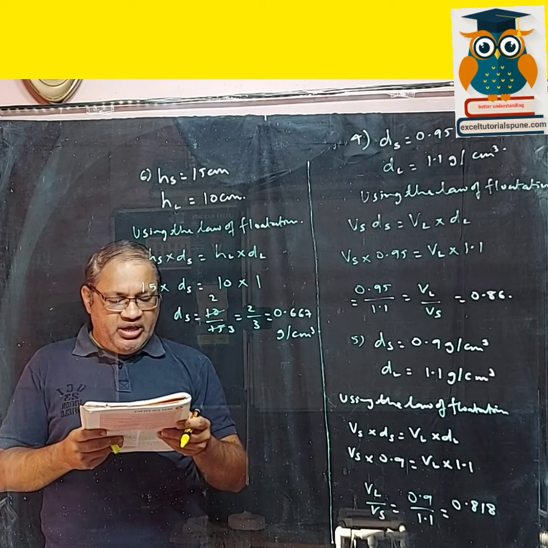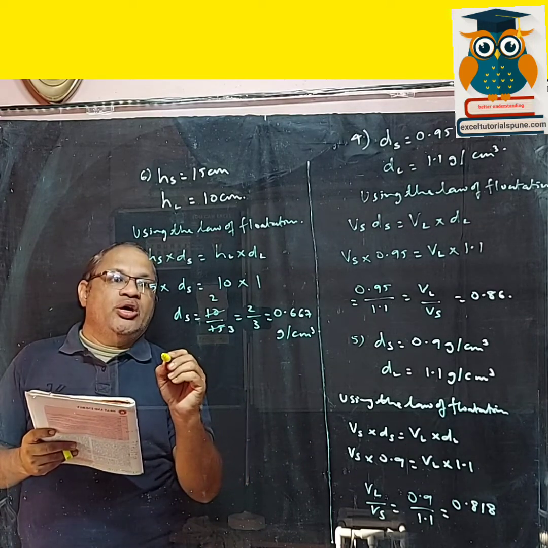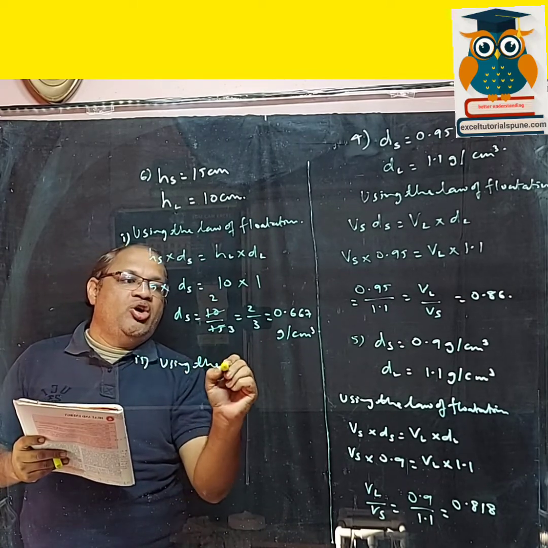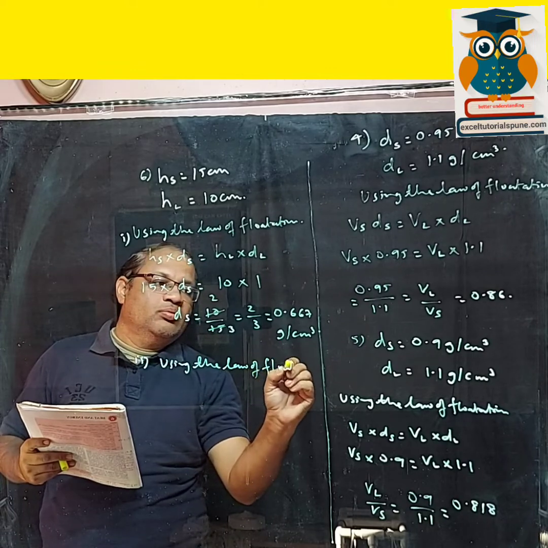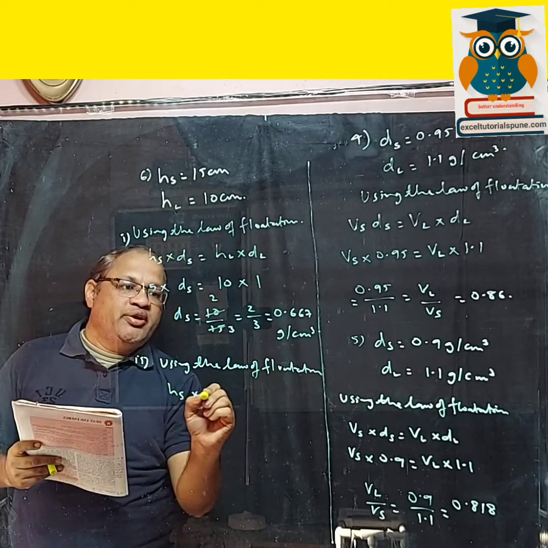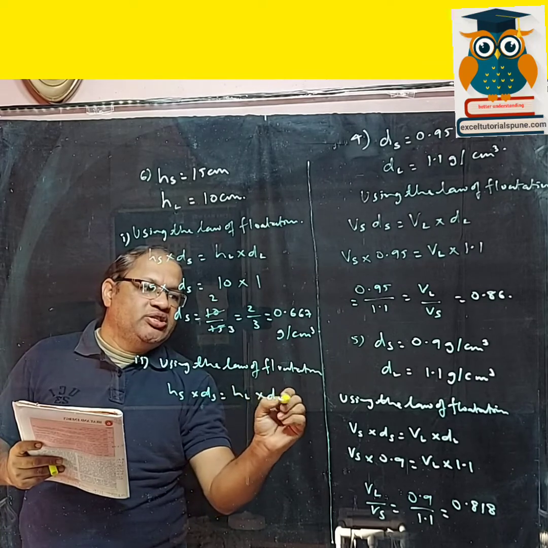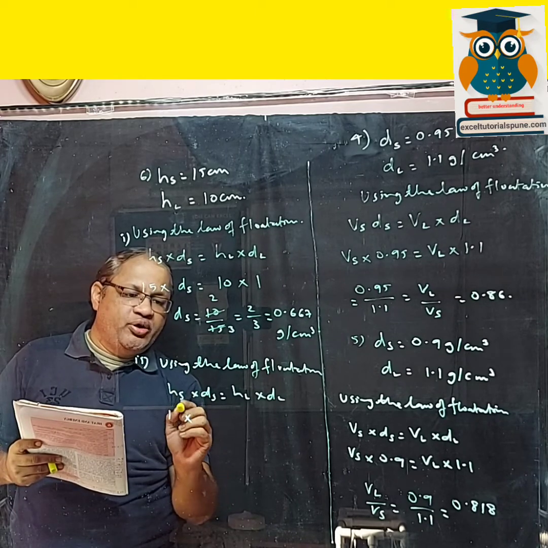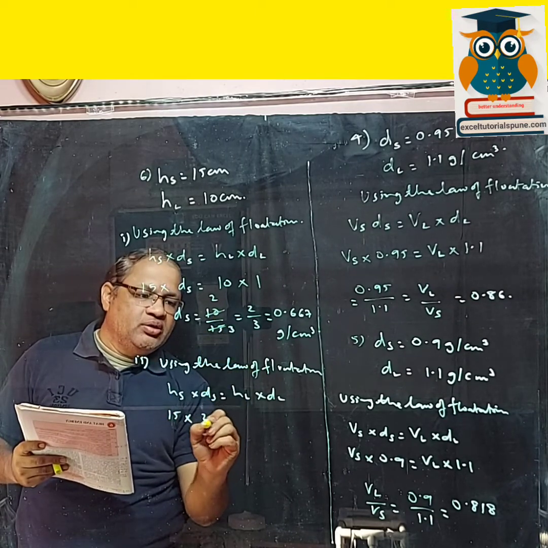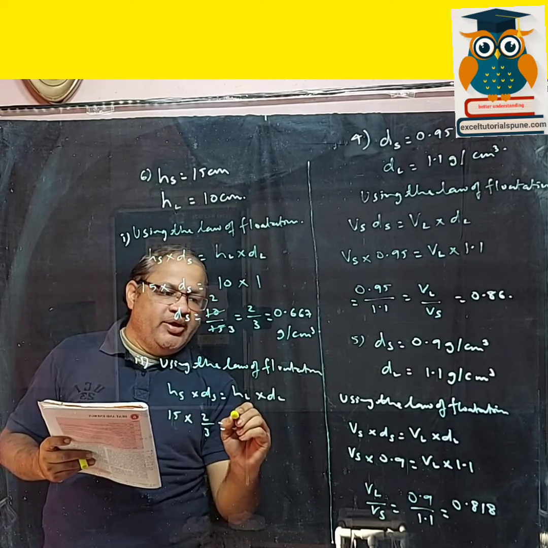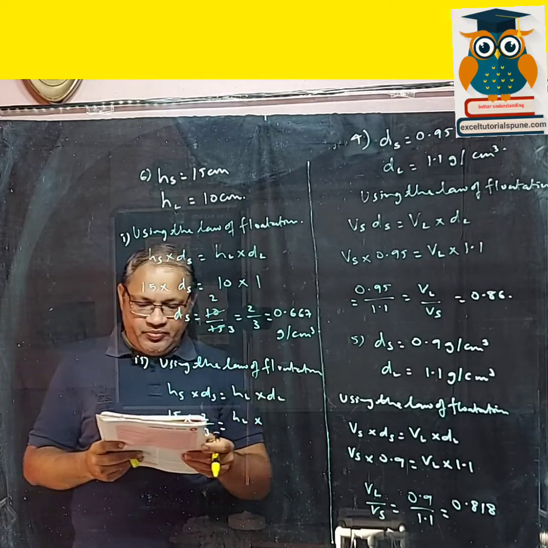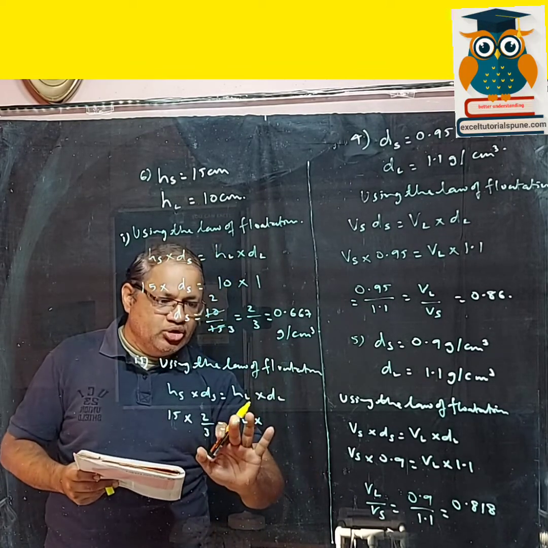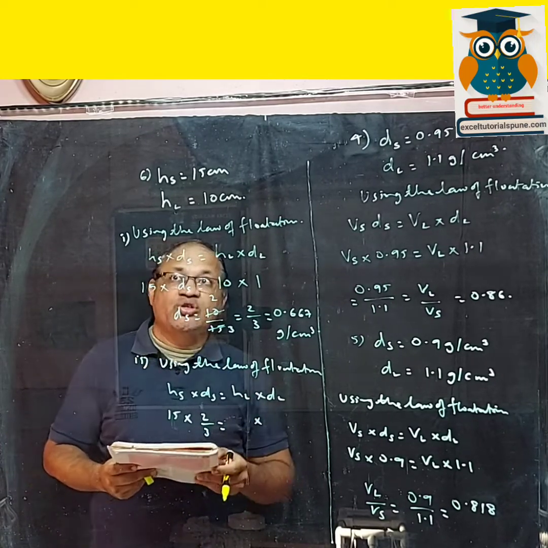Now for the next part they have asked, find the density of spirit. So again for the second part, using the law of flotation, height of solid into density of solid, height of liquid into density of liquid. Height of the solid is 15. Now density of solid we've already found out. That is 2 by 3, is equal to height of liquid into density of liquid. So height of the solid in liquid they have given. So height of the solid in liquid is how much?